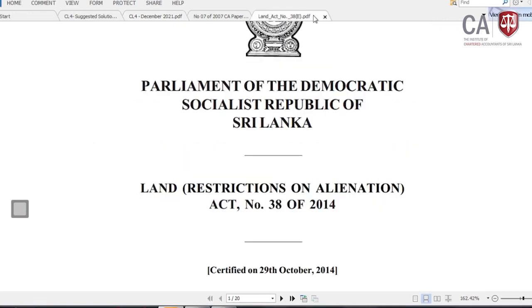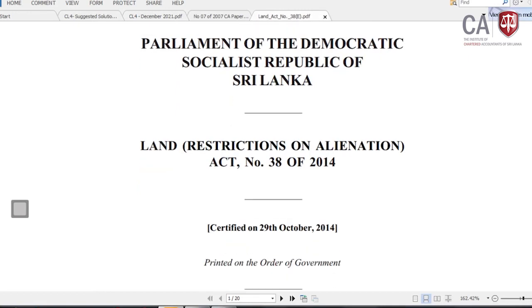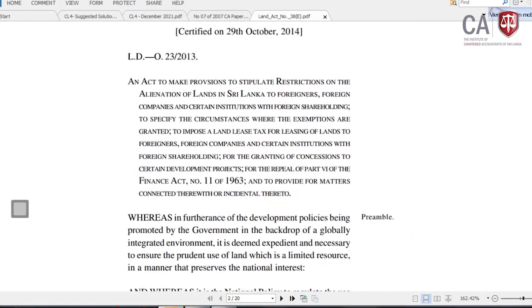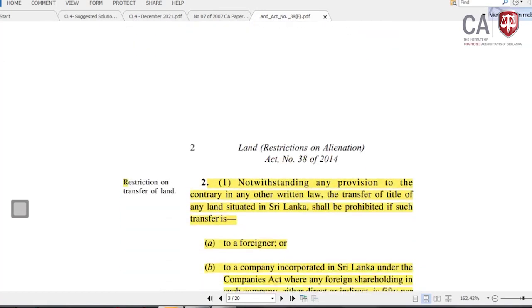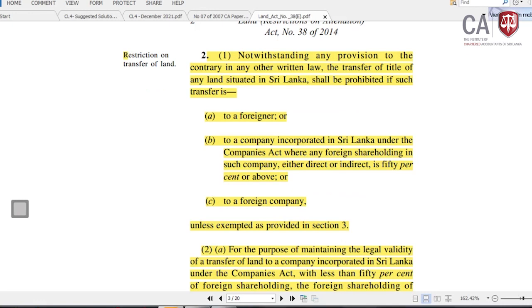So, if you look at the Act, section 2 actually, restriction on transfer of land: notwithstanding any provisions to the contrary in any other written law, the transfer of title of any land situated in Sri Lanka shall be prohibited if such transfer is to a foreigner or to a company incorporated in Sri Lanka under the Companies Act, this is the important part, where any foreign shareholding in such company, either direct or indirect, is 50% or above.